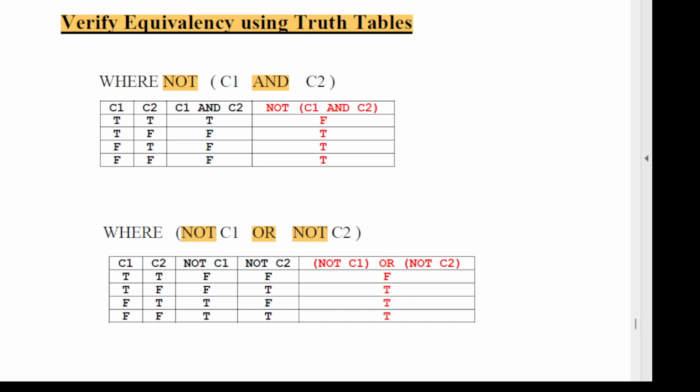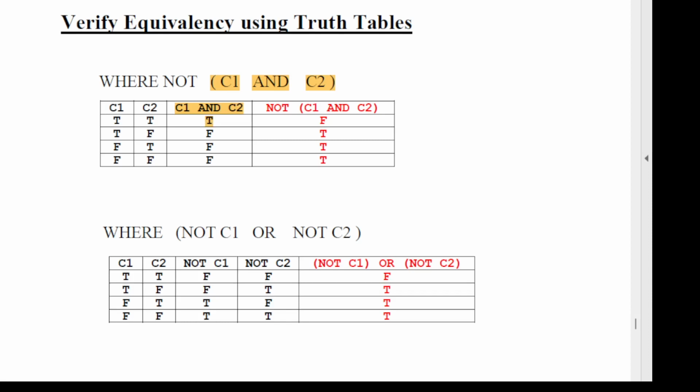Well, how do I do that? Okay, what I'm going to do is to take this not condition here, and I'm going to generate a truth table for it. And that's pretty simple. Let's take a look at this. If I take just the C1 and C2 part and put it right here, we know that C1 and C2 is only true when both are true.